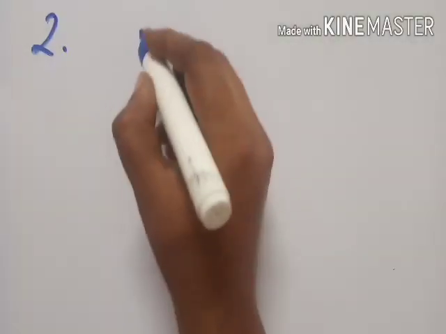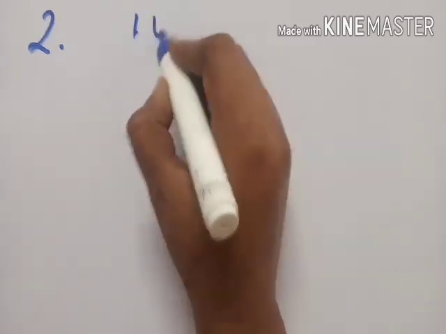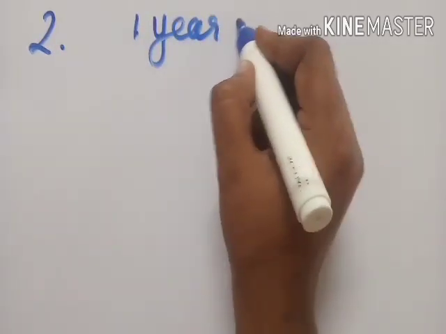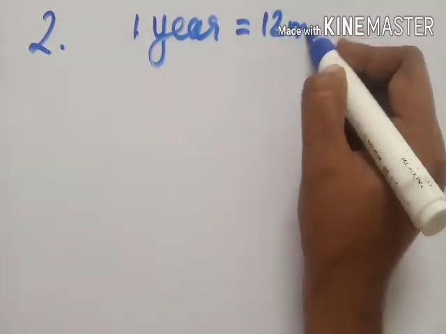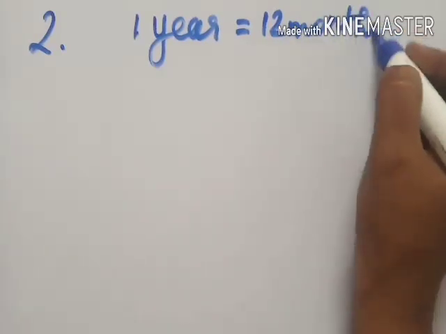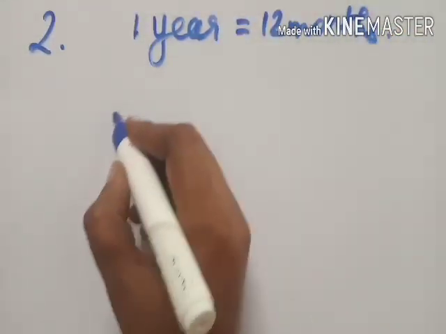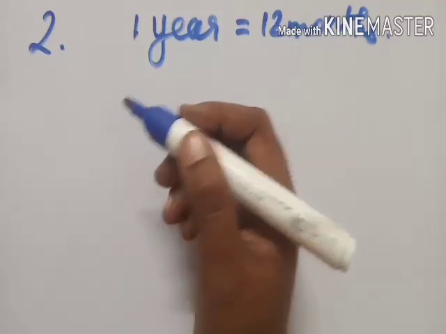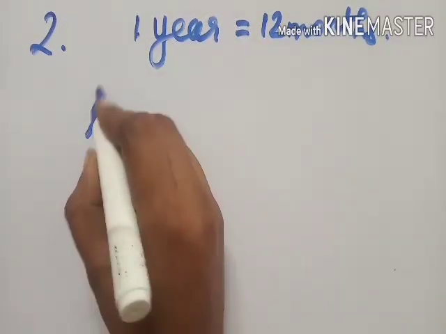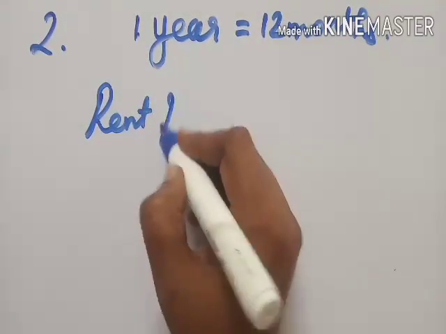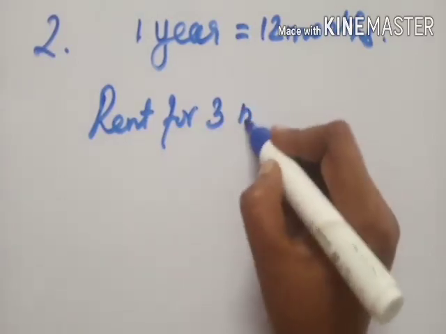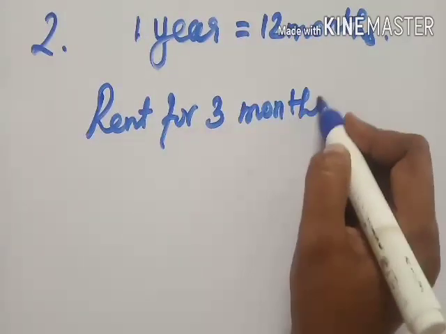So, before doing the sum, I am going to convert: 1 year is equal to how many months? 12 months. Yes. Next, amount paid for 3 months. That is rent for 3 months. How much did they used to pay?